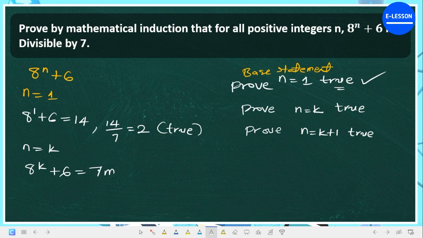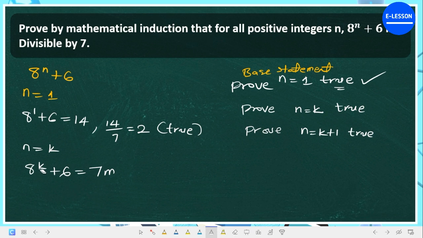Are we getting it? Why did we say it's equal to 7m? Because anything that carries 7, let's say if 7 is standing here and a variable is attached, it means this something can be divisible by 7. This is just the general approach for proving stuff like this. So 8 raised to the power of k plus 6 must be equal to 7m because 7m is divisible by 7.